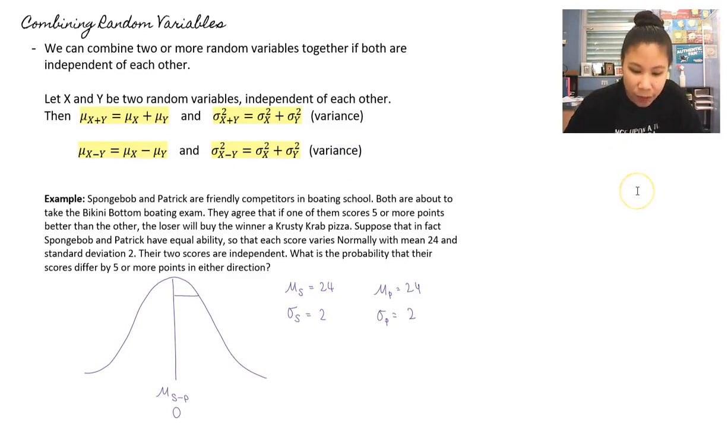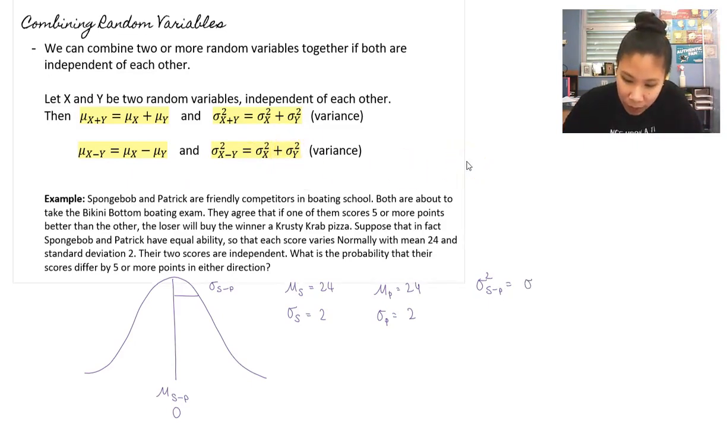Okay, and then for the standard deviation of SpongeBob minus Patrick, we have to find the variance first. The variance would be the two variances added together. Remember, that's the weird one where the variances still add.